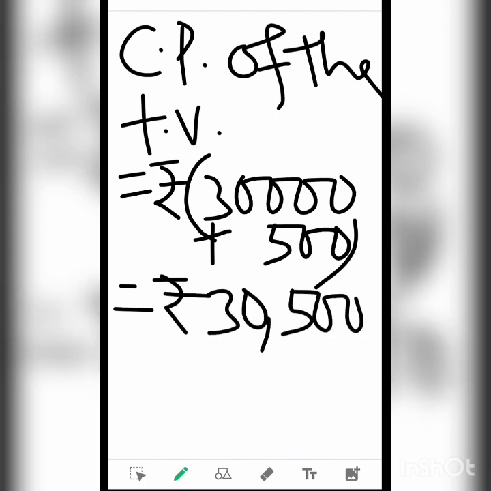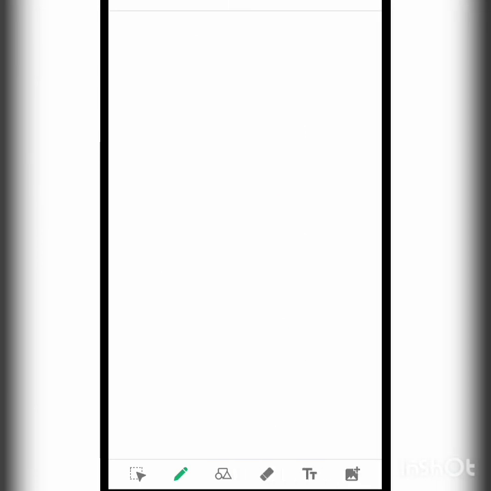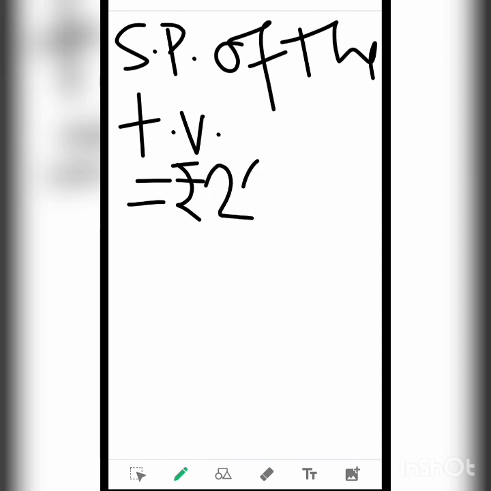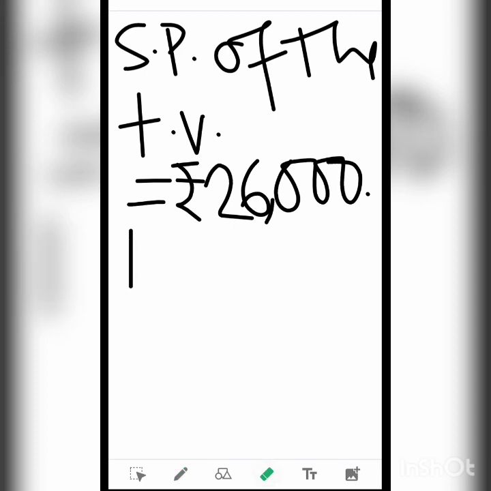You have got the answer. This is the cost price of the TV. Moving to the next board, selling price of the TV equals rupees 26,000. Now in order to find a loss, you will write here that the cost price is greater than selling price.